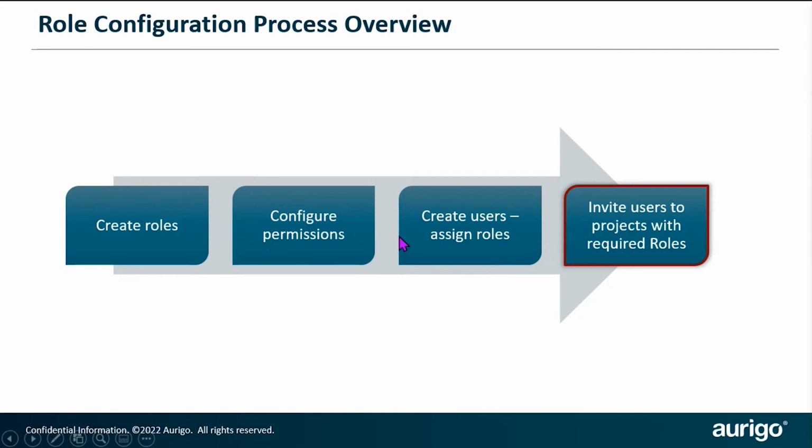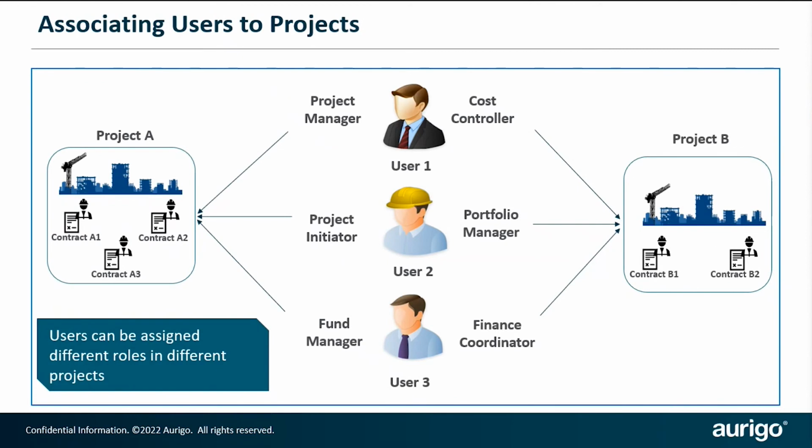We've created the users, the roles, the permissions, and we've assigned the roles to the user, and now it's time to look at inviting users to the projects within their roles for that project or contract. So you have the option of associating users to projects in any of these different ways. They can be added to different projects or contracts within those projects.